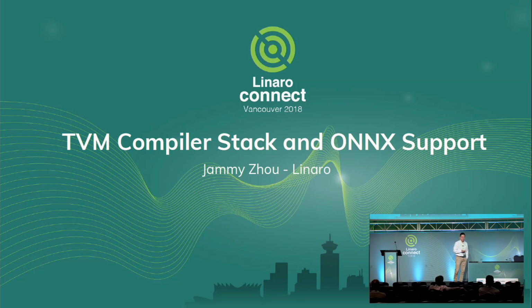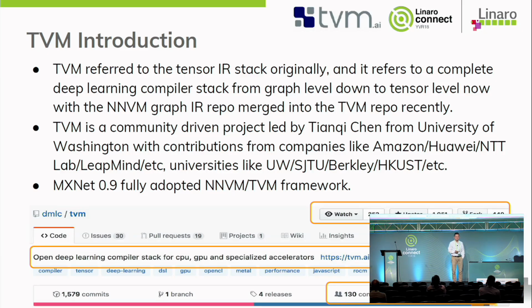Today I will do some introduction about the TVM compiler stack and how we can support ONNX by TVM. I think a lot of people know TVM, but I want to do a brief introduction here as well.